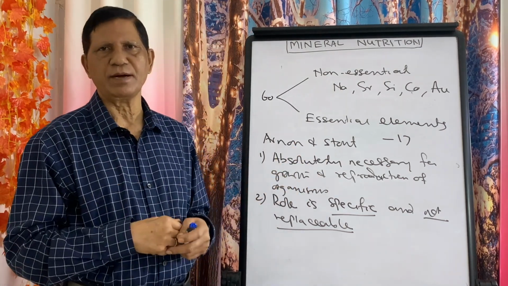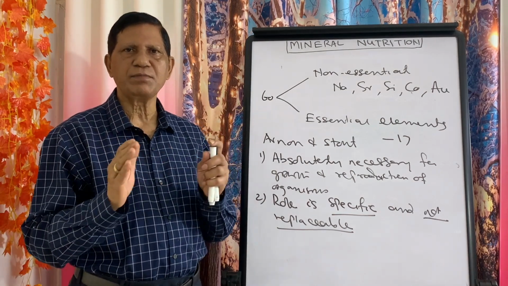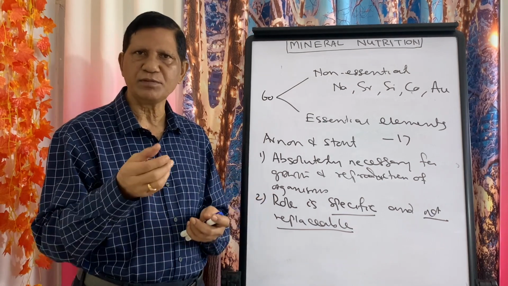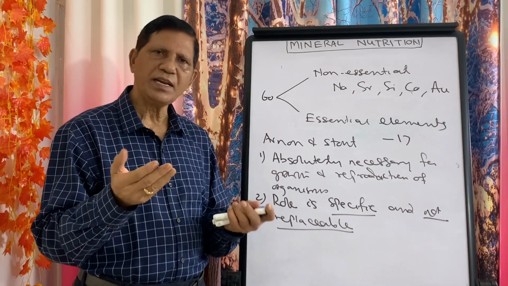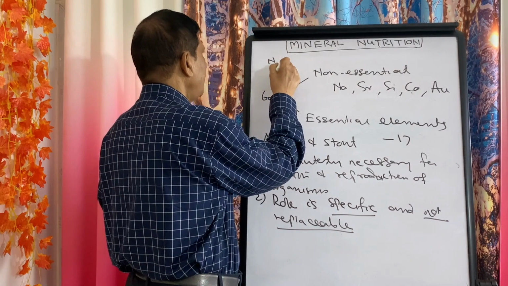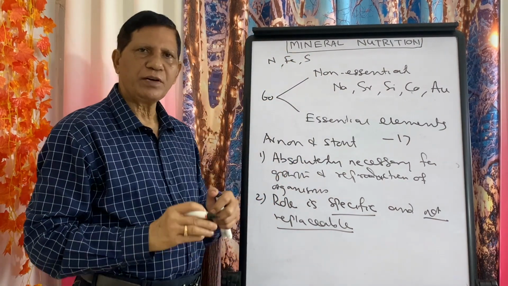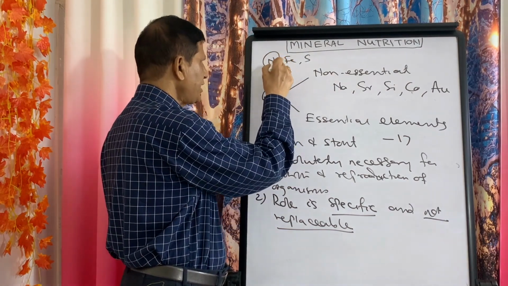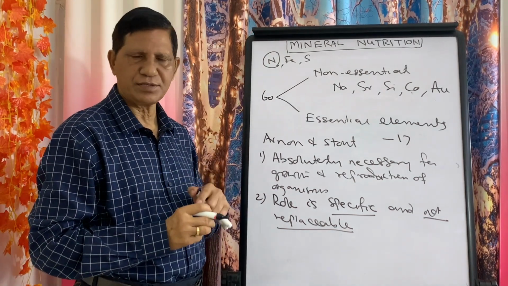Let us take one example. Suppose the chlorosis in case of leaves. That means when chlorophyll is not synthesized, the leaves will turn yellow. For this chlorosis, so many minerals are responsible: nitrogen, iron, sulfur. All these are responsible for synthesis of chlorophyll. But suppose for the deficiency of nitrogen, chlorosis is occurring in leaves.